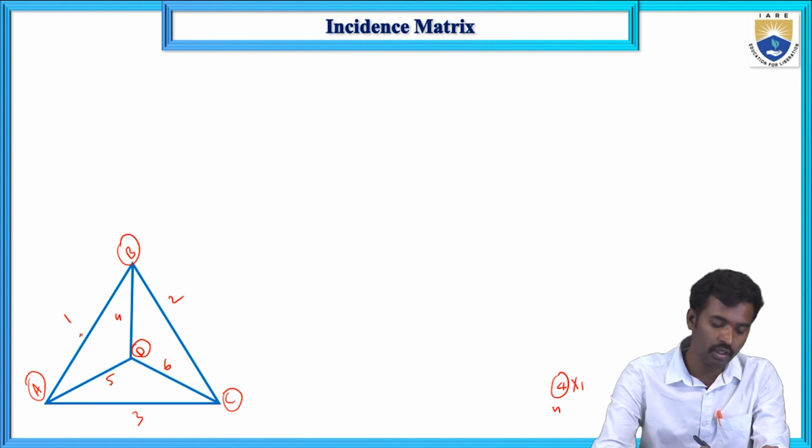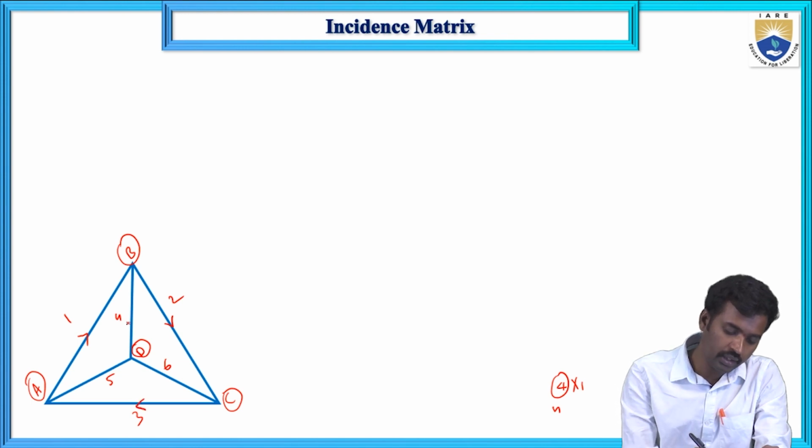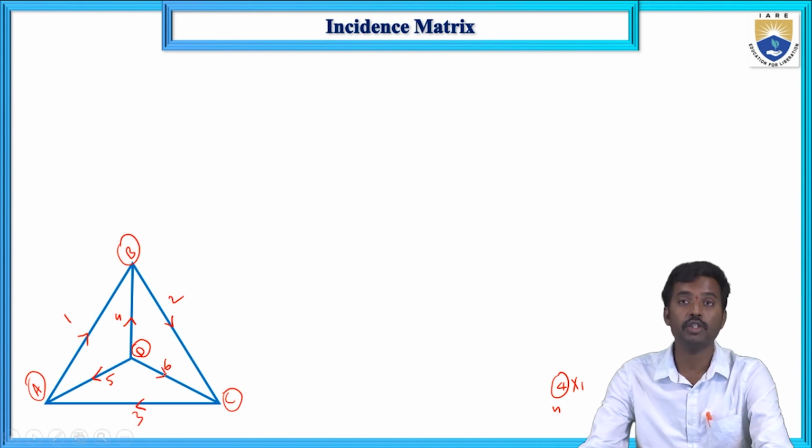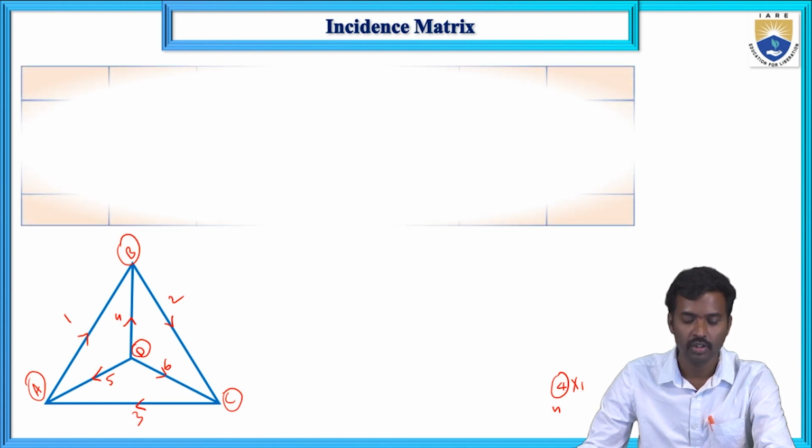If you assign the orientation directions, these are the directions. Now for this particular graph, determine the incidence matrix.